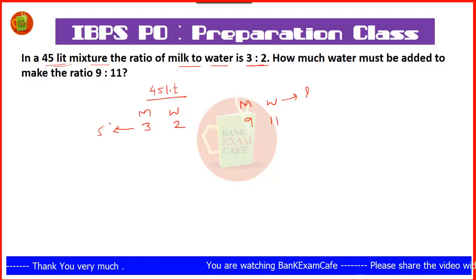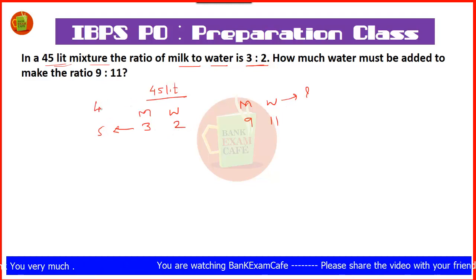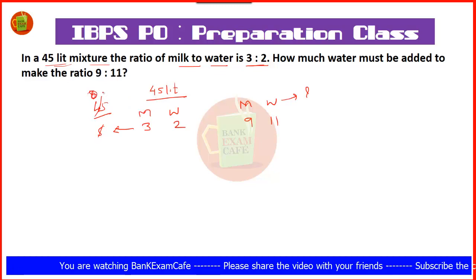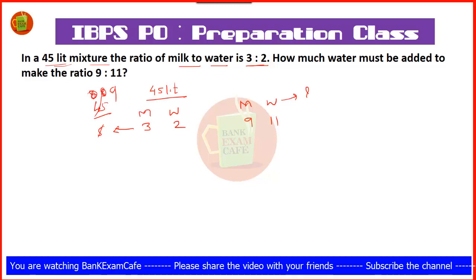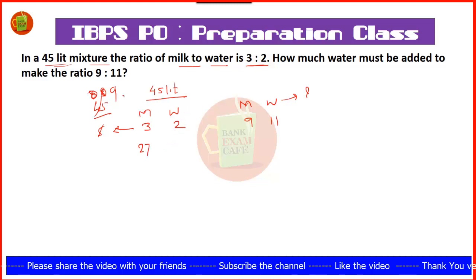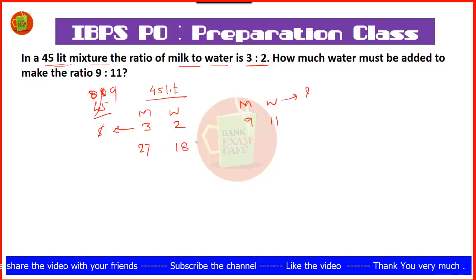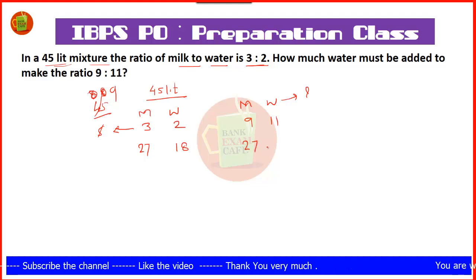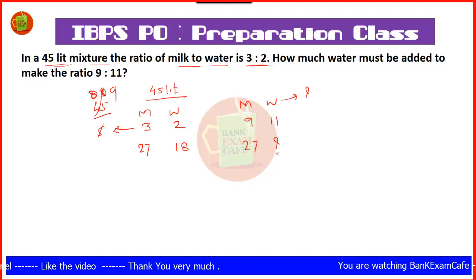Here the total parts are 5 and there are 45 liters, so one part will be 9, since 5 9s are 45, correct? So milk will be 9 3s are 27 liters and water will be 9 2s are 18 liters. But now in the second case, the milk will remain the same, so it will be 27. To make the ratio 9:11, how much water should be there?